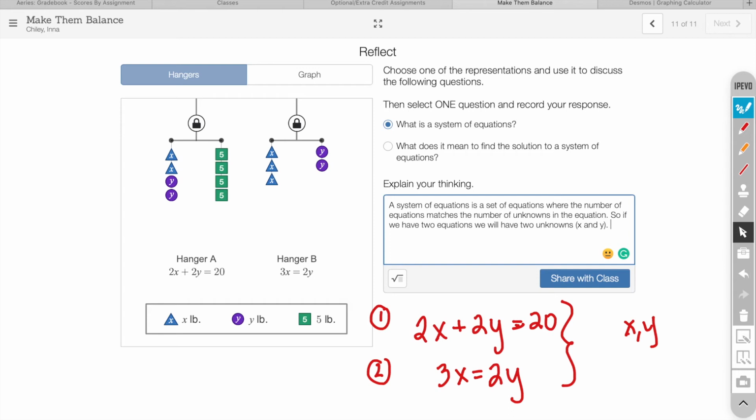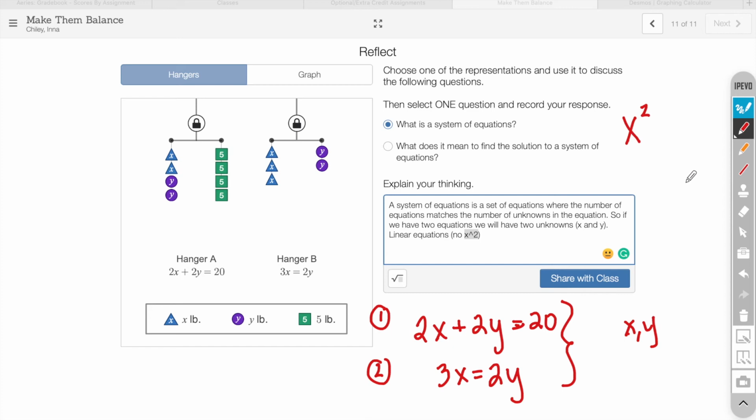The other thing about systems of equations, they have to be linear systems or linear equations. We haven't talked about linear equations yet, so don't get too caught up with this word. That just means we don't have anything that's x to the second power or to the third power or to the fourth power. And by the way, this little caret here means to the power.